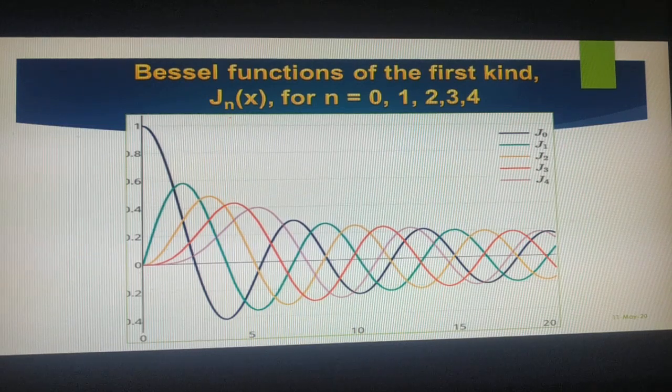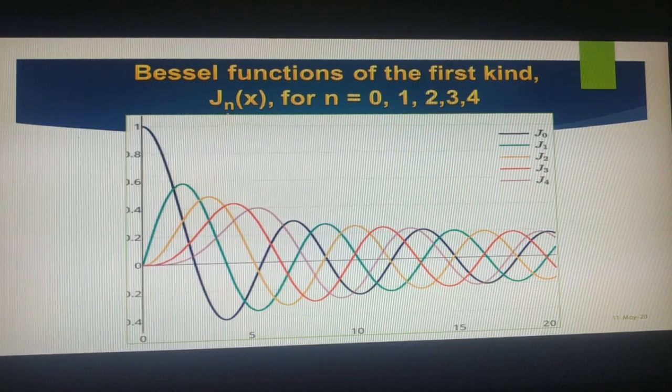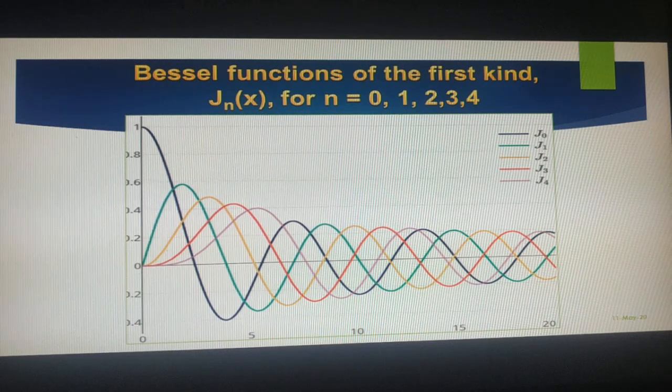It's not a problem. If in place of n I take 0, 1, 2, 3, 4, I will get J0 of x, J1 of x, J2 of x, J3 of x, J4 of x, that is, at any value of x for n equal to 0, 1, 2, 3, 4. Let us see this graph. J0 is the blue color, which converges at a certain point.